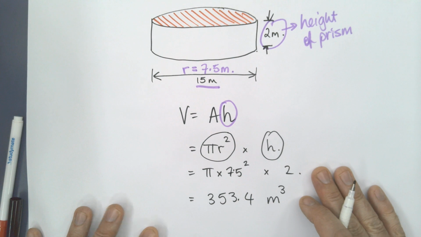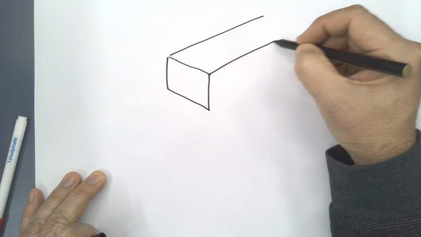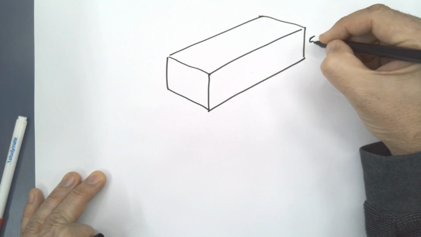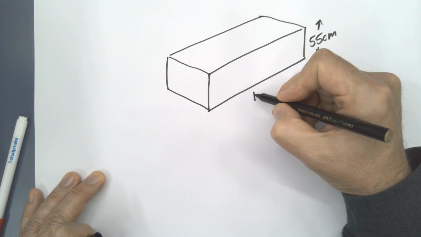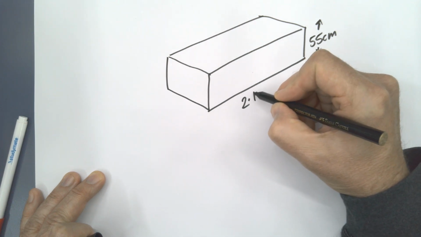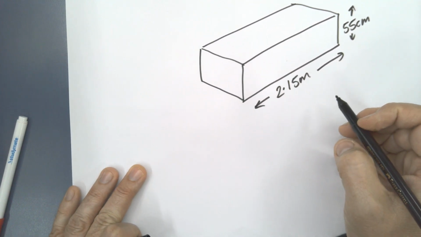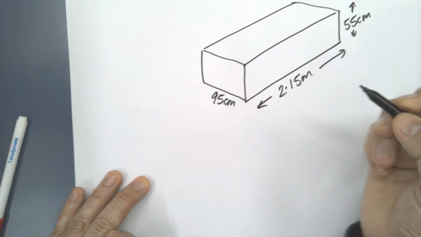Okay, let's do the easy one now. I kept the easy one for last, and that is a rectangular prism. Rectangular prisms are a piece of cake because all you've got to do is multiply the three sides together, providing of course they're all in the same units. So I will just mix things up a little bit. Let's call that 55 centimeters, that side there. That's 2.15 meters that way, and I'm going to go 95 centimeters that way.